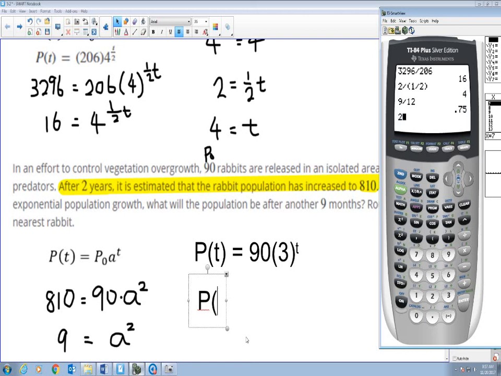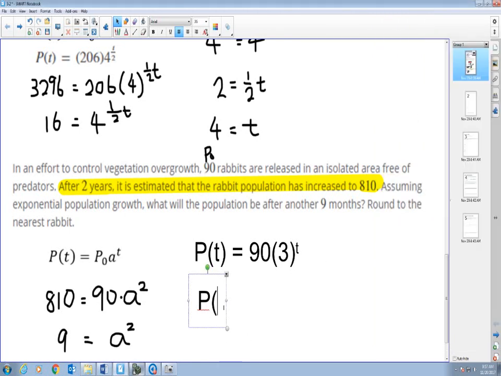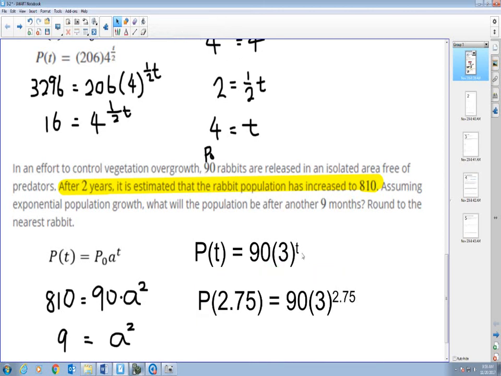So that would be 2.75. Oops, sorry. So another 9 months means we add another 0.75 of the year to it. That will equal 90 times my growth rate 3 raised to the 2.75 year.